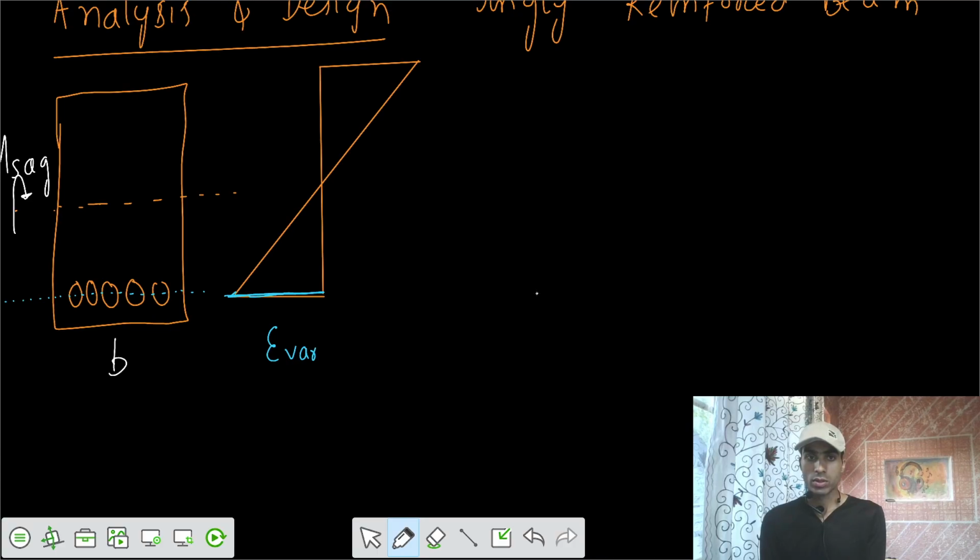And one more thing is the stress block. Here we have the tensile force T, and from the top it's rectangular up to some point. After that there is parabolic variation up to the neutral axis.